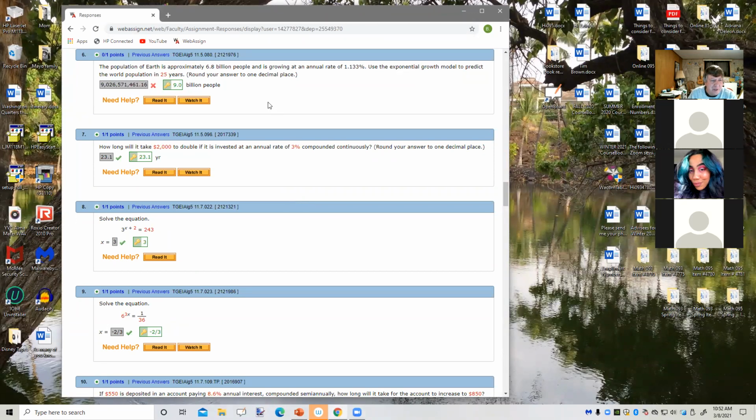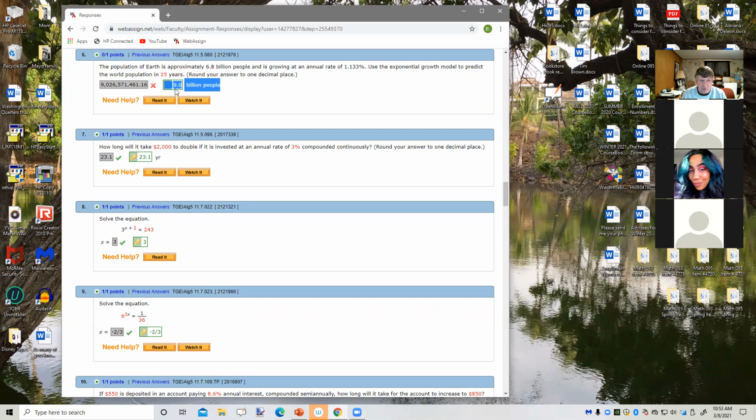My guess is that that number they came up with, there's nothing wrong with it, but the problem with this situation is, notice how it says the population of the Earth is approximately 6.8 billion. When they give a number that's some digits followed by a word like hundreds, thousands, billions, or whatever, then your answer should likewise be in billions, which is why if you see down here, they've got billion people.